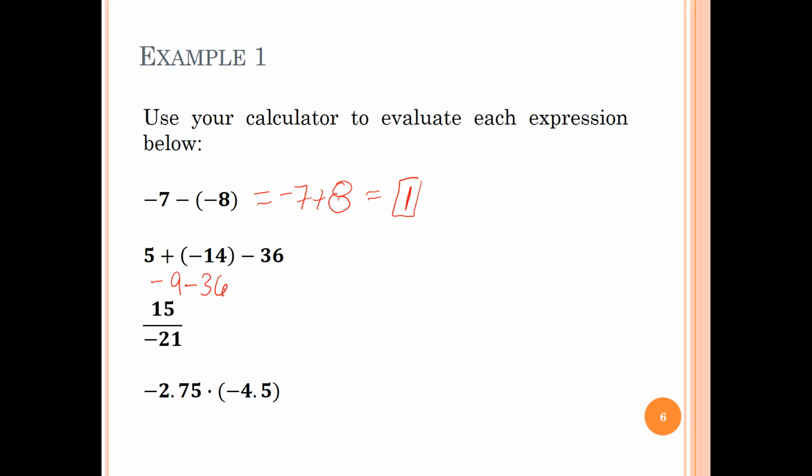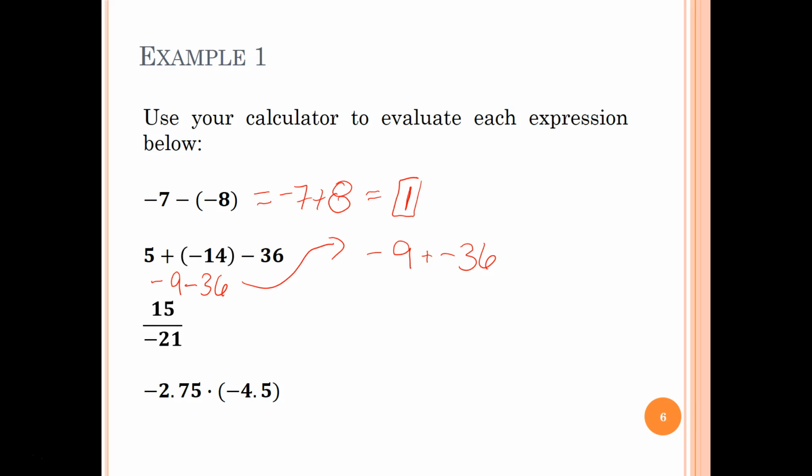You can rewrite this as negative 9 plus negative 36, but if there are no parentheses in a subtraction problem like this, you can really cheat a little bit and sneak in a little plus here anyway. Notice, really, anytime we have a subtraction problem that looks like this, when we're just subtracting a number, we're really adding the opposite.